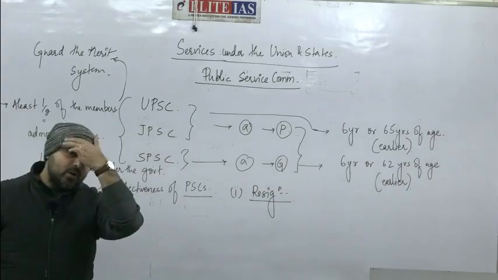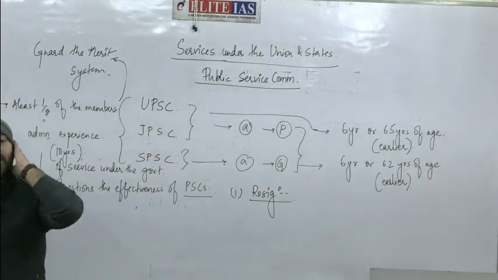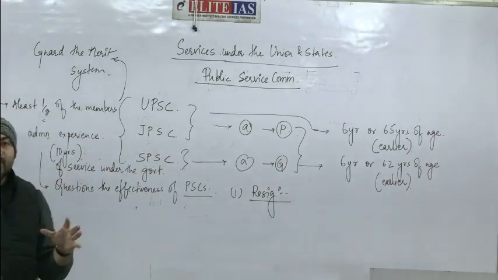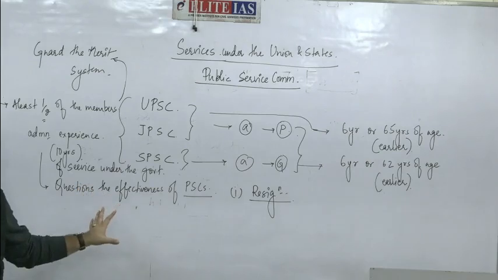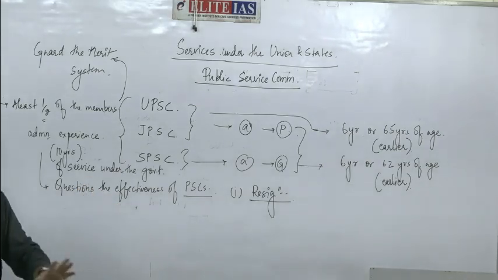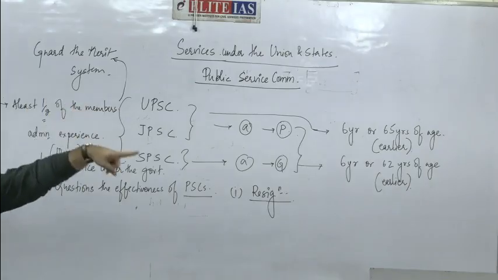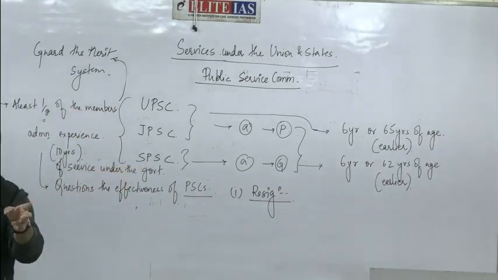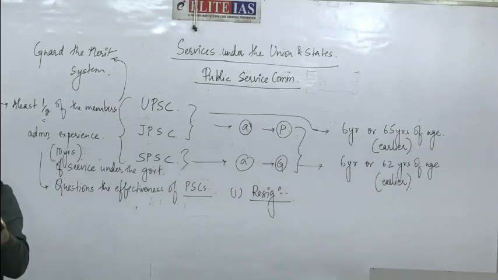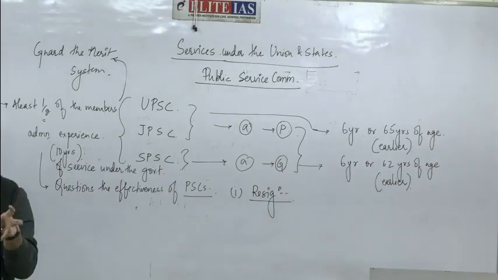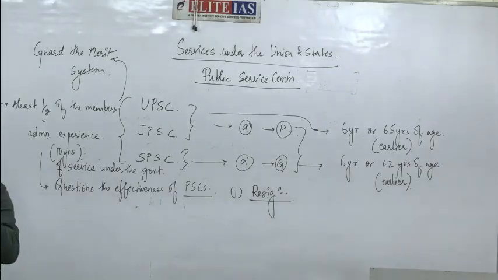If we look at any other office, like the judges of the Supreme Court or the Comptroller and Auditor General, the Constitution only mentions the grounds: misconduct, incapacity or misbehavior.